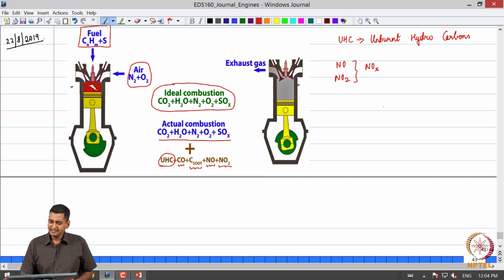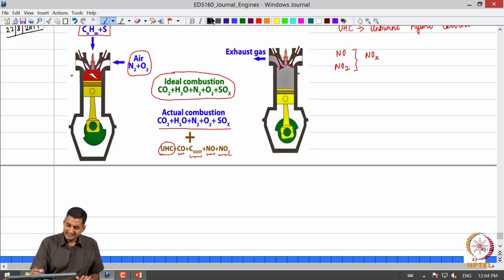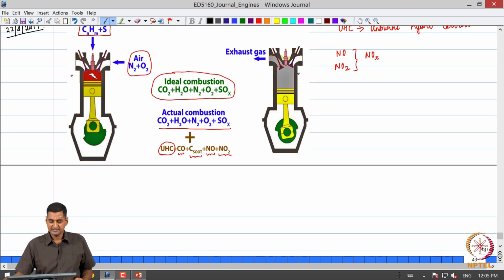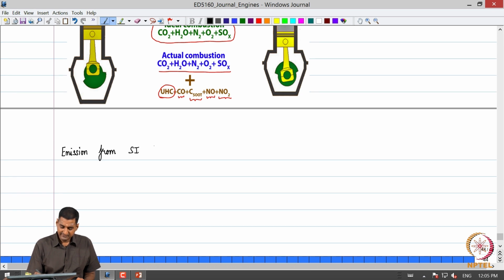So this is the actual scenario. Let us start looking at what happens in each type of engine, and then we will also discuss each component of these emissions. First, starting with emissions from SI engines.